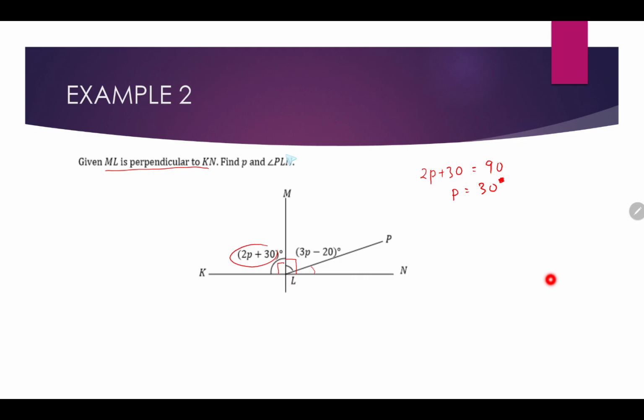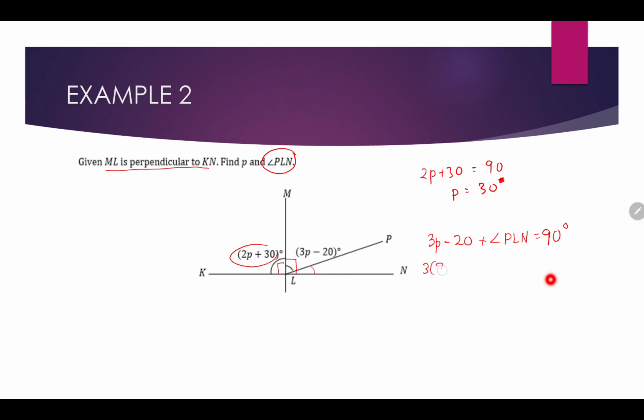Okay, next we want to find the angle PLN here. So we know that 3P minus 20 plus angle PLN equals 90 degrees, and we know that the value of P is 30.